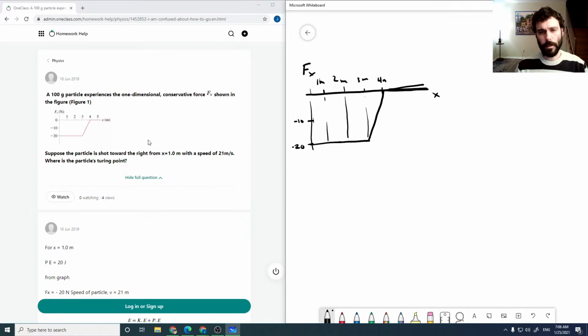So if we start at 1 meter with a speed of 21 meters per second, it asks at what x is the turning point.